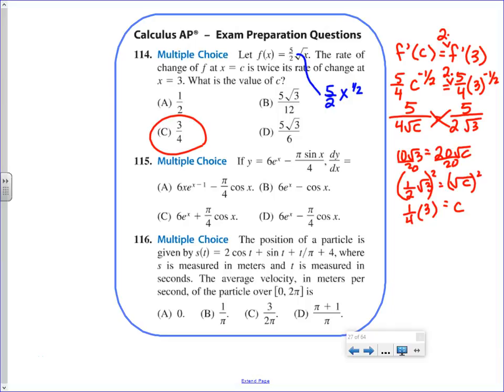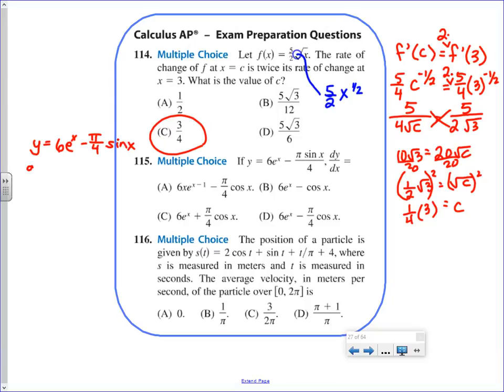Okay, number 2. How do we take a derivative? Take it. Would I rewrite anything? 6e^x. I would have the next piece. Did you? Take out the pi. Yeah, I could. Pi is a constant, 4 is a constant. That makes it a little bit easier, right?